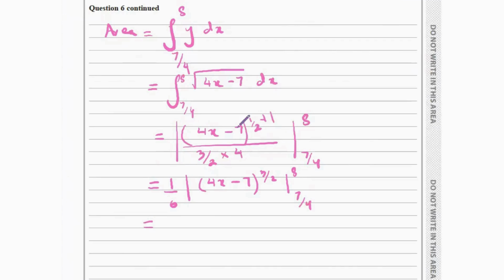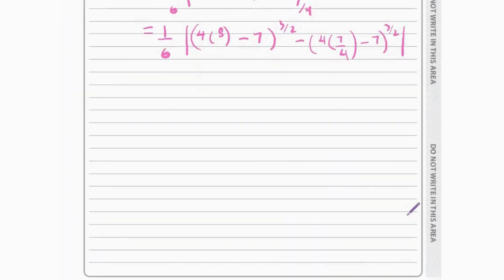That's also fine. So we substitute the maximum limit first. That's going to be 4 times 8 minus 7 whole power 3 over 2 minus 4 times 7 over 4 minus 7 whole power 3 over 2. Thirty-two minus 7 whole power 3 over 2 minus 0.